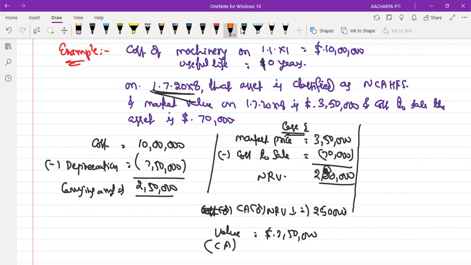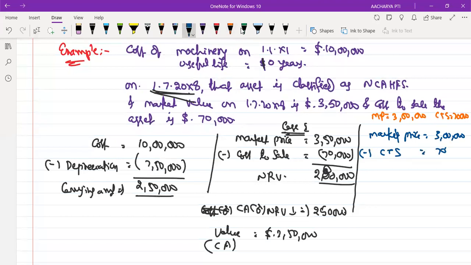For example, in the second case, in the same situation, if the market price is 3 lakh and the cost to sell is 70,000, then the NRV is 3 lakh less 70,000, which is 2,30,000.